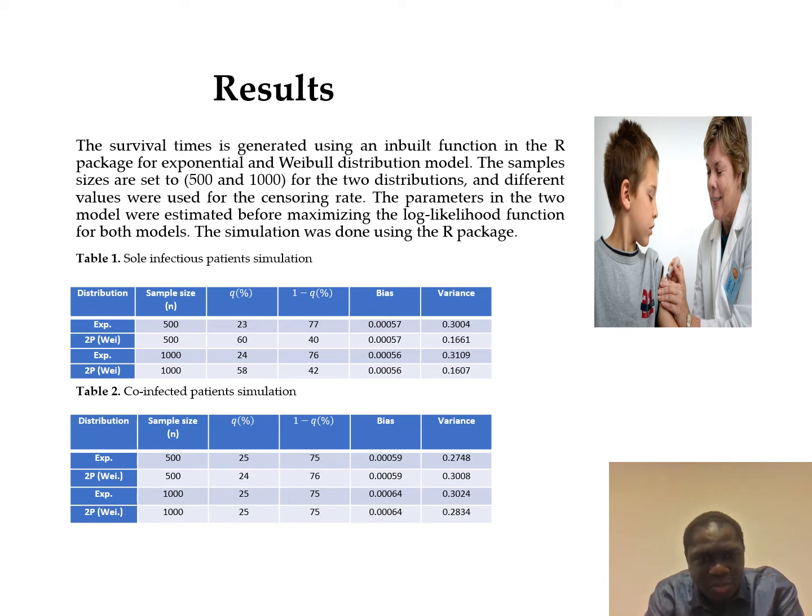Now what you could detect from this is, using 500 and 1000, the Weibull parameter does better than the exponential. So also for the co-infected patient, the simulations also use 500 and 1000. We could see also that the Weibull does better than the exponential.